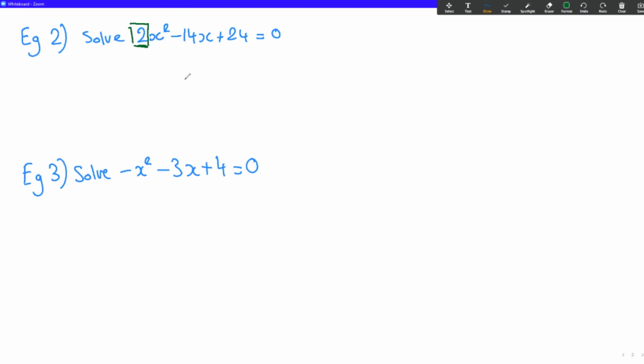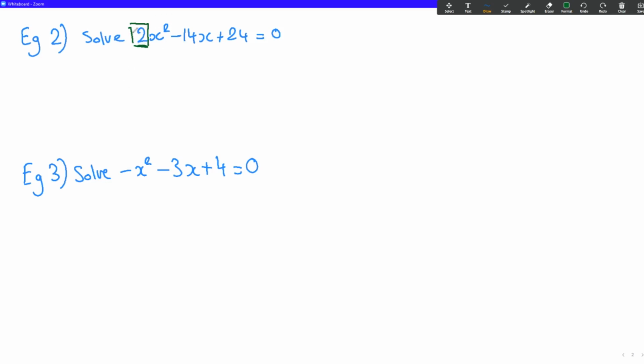But it's still a lot more difficult than factorizing it if it was just 1. Obviously, it would be easier if we could somehow make this quadratic into just 1x squared and factorize that rather than keeping it at 2x squared. And there's actually a way to do that.